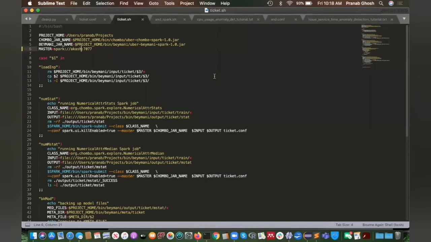I run everything off this shell script. The shell script will essentially run different Spark jobs. It has some other commands for various data operations, like copying or moving files. So everything is essentially in this shell script.